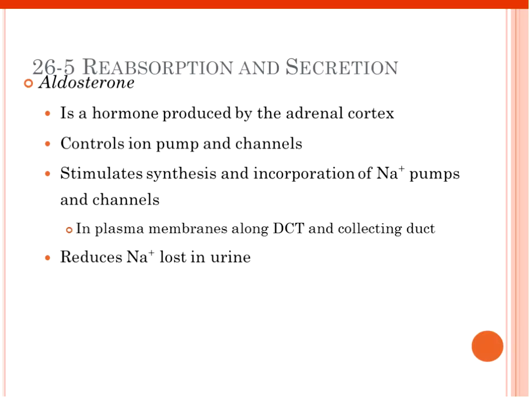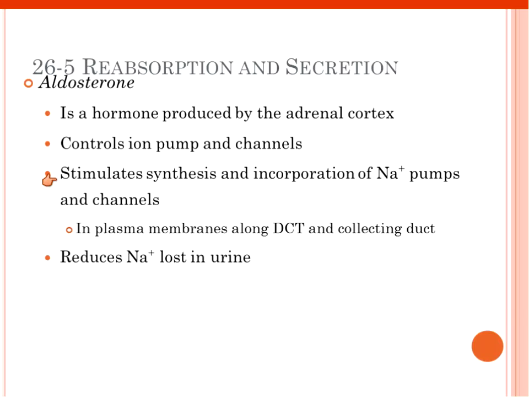So aldosterone is a hormone that's produced in the adrenal cortex, or the outside portion of the adrenal gland, or the suprarenal gland. Sometimes your text refers to it as that. Those are those little hats that sit on the kidneys. It controls those ion pumps and channels, and a big job of it is that it's going to stimulate the synthesis and incorporation of sodium pumps and channels in the plasma membranes along the distal convoluted tubule and the collecting ducts.